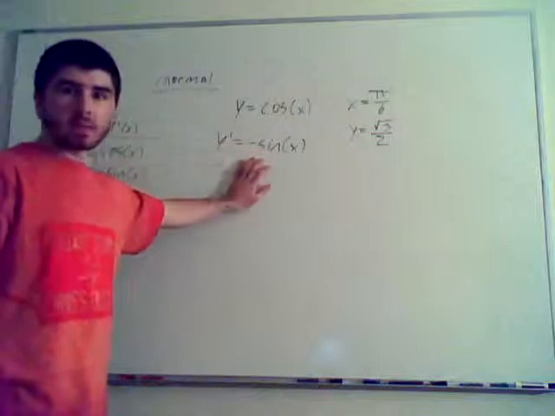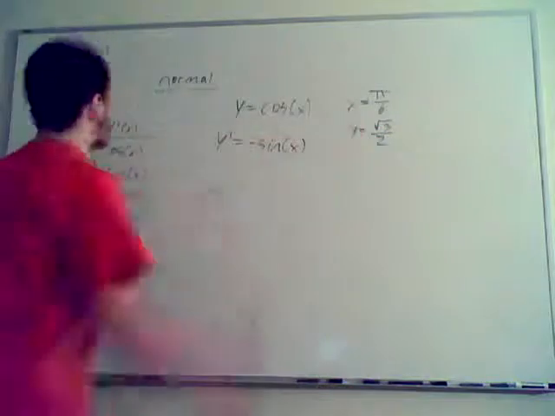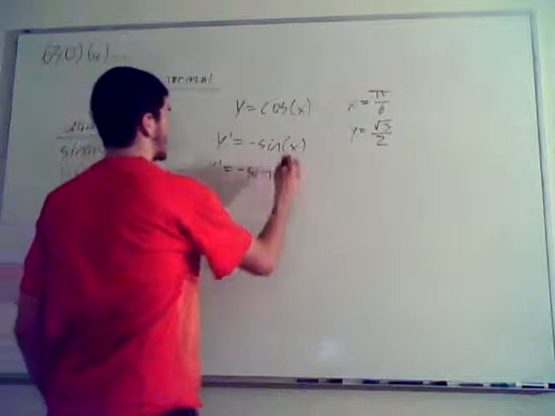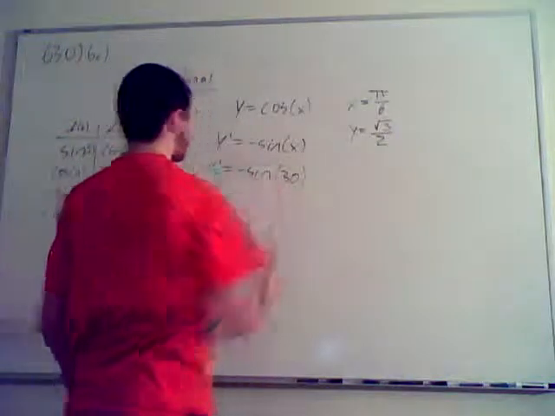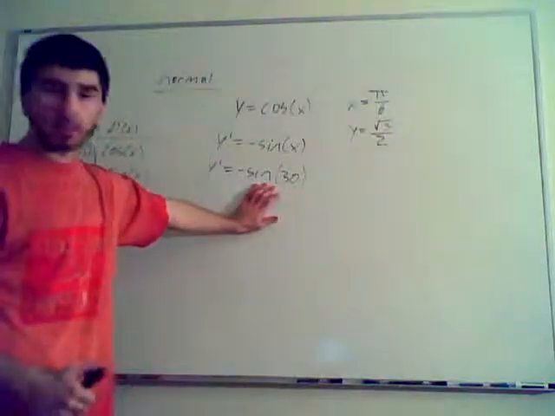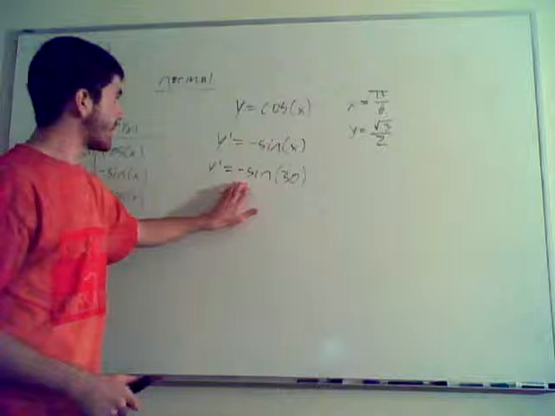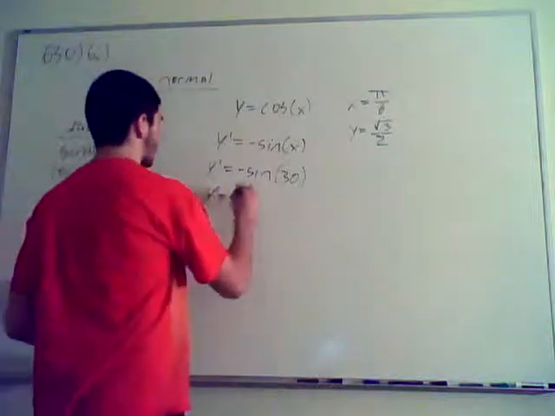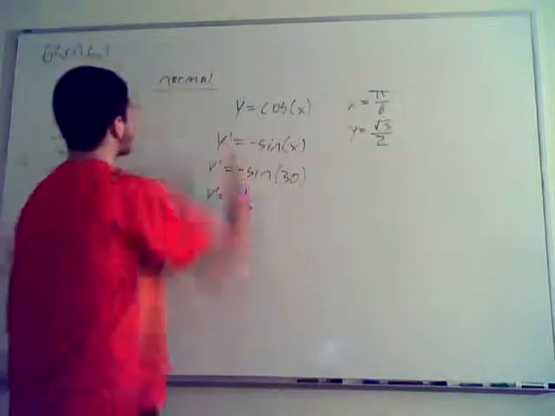So now you plug in your x value. y prime equals negative sine of 30. The sine of 30 is 1/2, so y prime equals negative 1/2. Oh, wait a second.